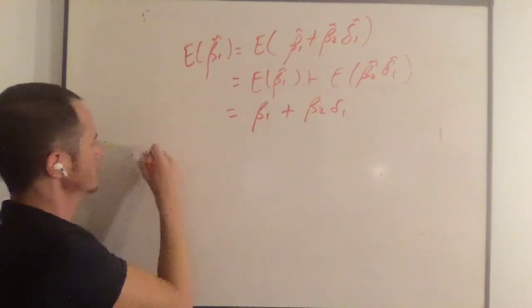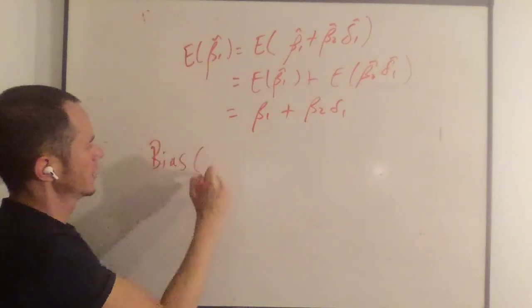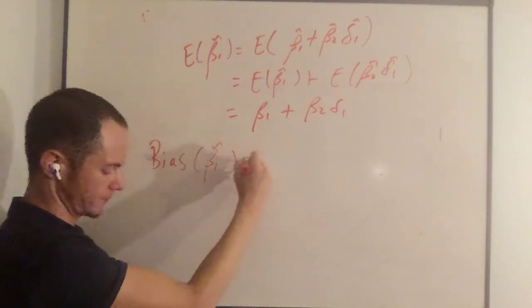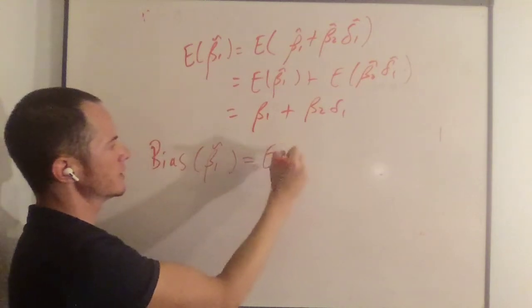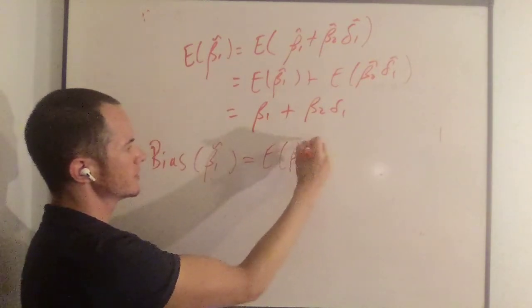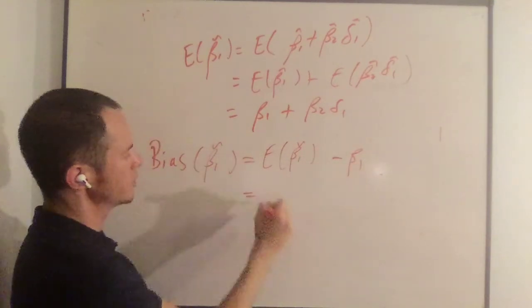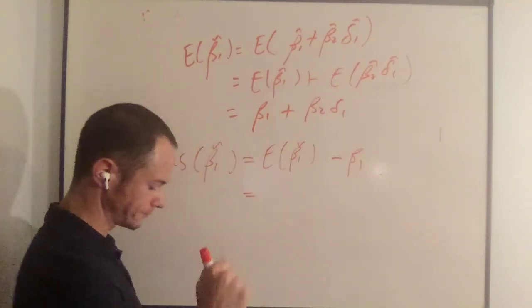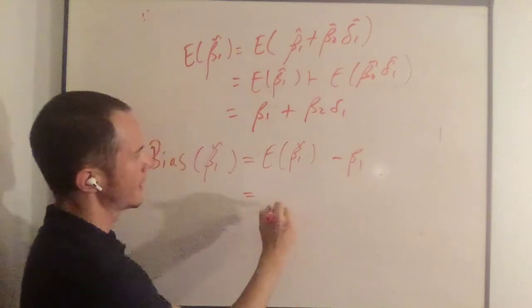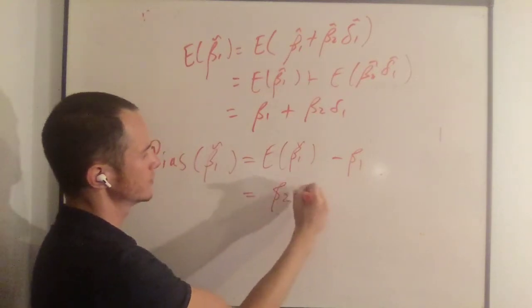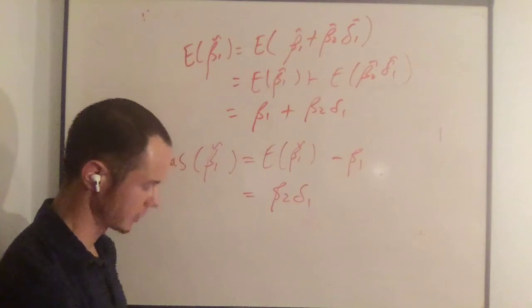Now the bias in beta 1 tilde is equal to the expected value of beta 1 tilde minus beta 1, which is equal to beta 2 delta 1.